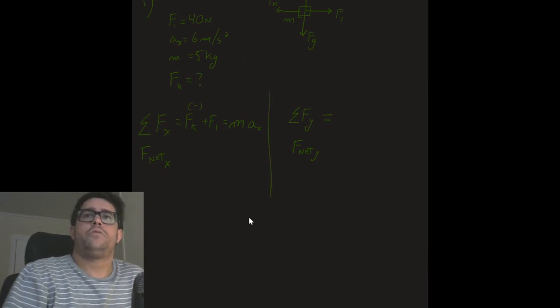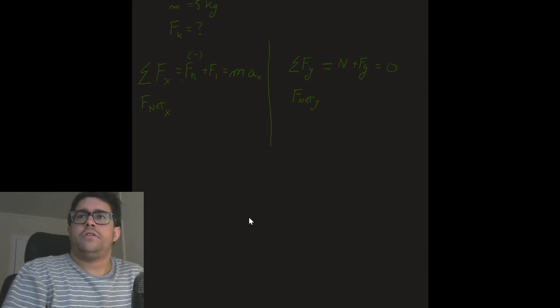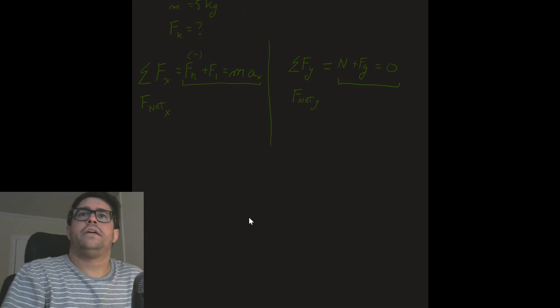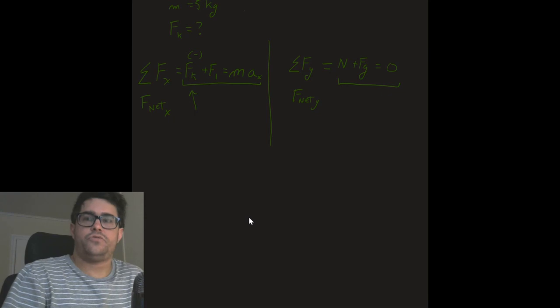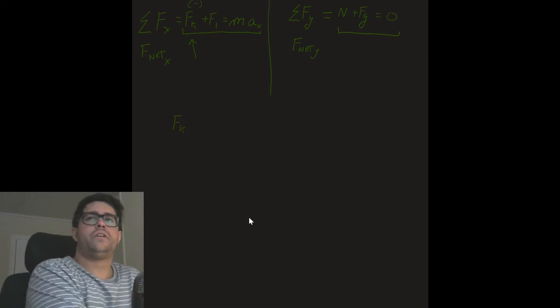So let's do the y part. We have N, we have Fg, and those two will be equal to 0 because they equal out. Okay, so now let's work with this part, and let's work with this part. And by the way, we do see here the Fk that we're going to find using those two equations. Well, since we want to find Fk, we might as well leave it out like this and write MAX minus F1.